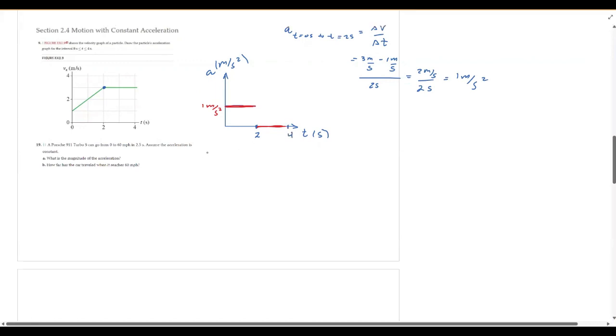I don't have to do any calculation because I know that I have constant velocity. So my graph here of acceleration is 0 because the slope of the horizontal line is 0. So I got my graph of acceleration based on the graph that I had for the velocity of the particle.